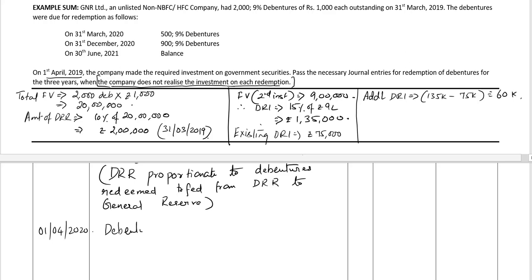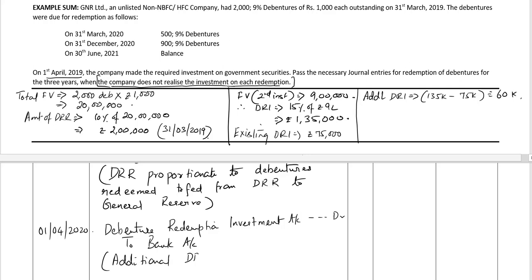Debenture redemption investment account debit, to bank account. Additional DRI made, ₹60,000.